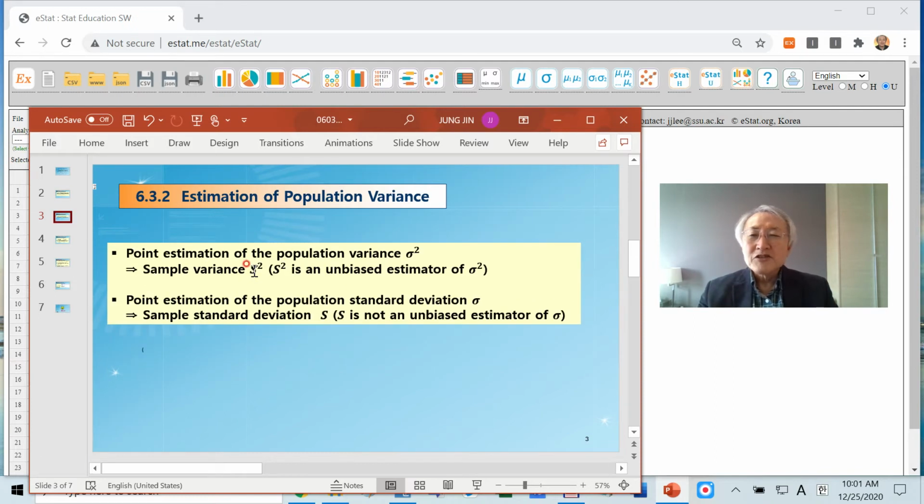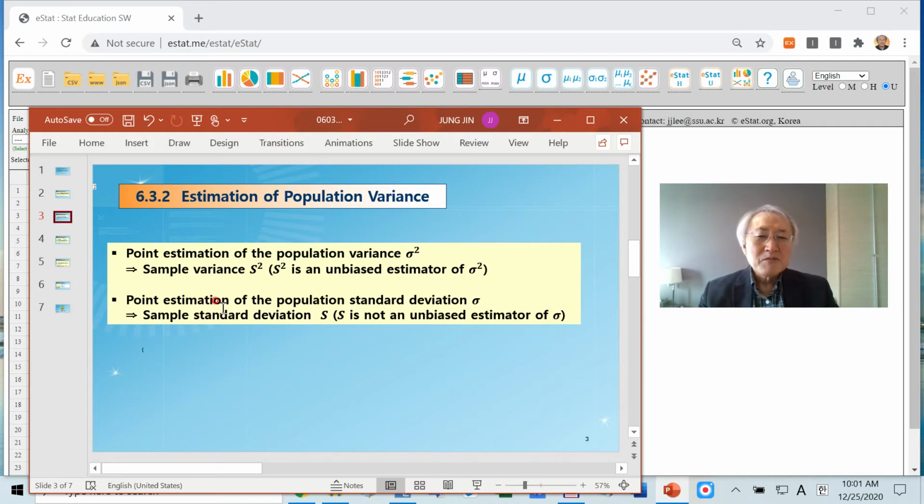Based on sampling distribution theory, we discussed that sample variance is a good estimator for population variance. Actually, it is an unbiased estimator. I mean, the mean of all possible sample variances becomes the population variance.